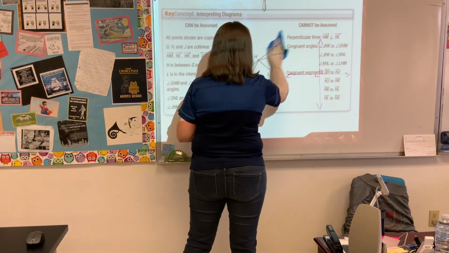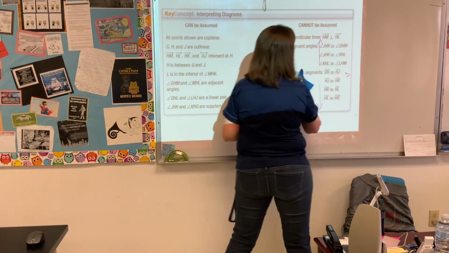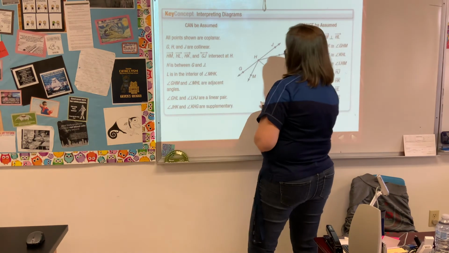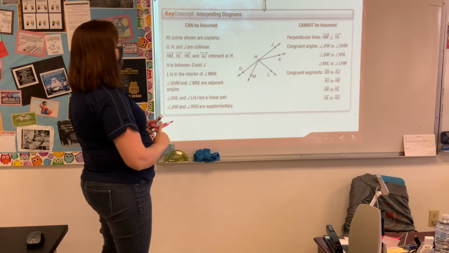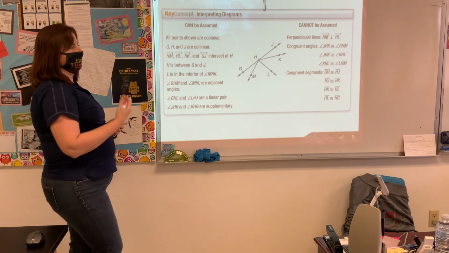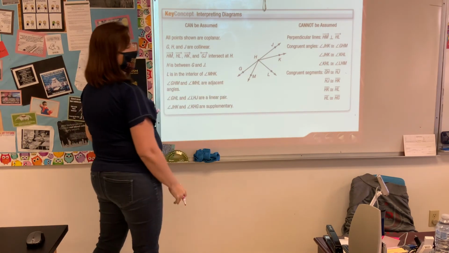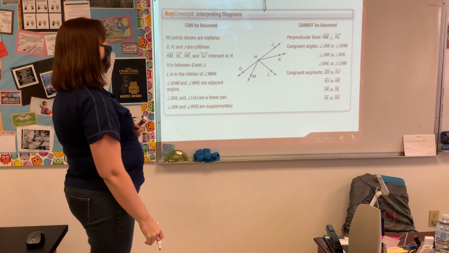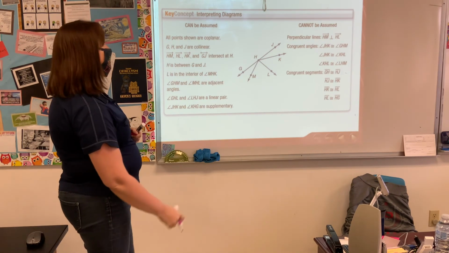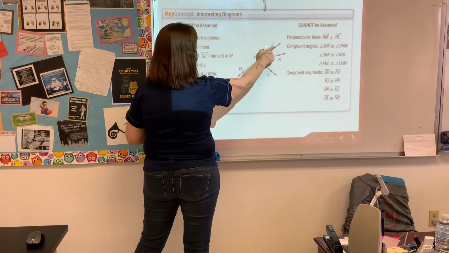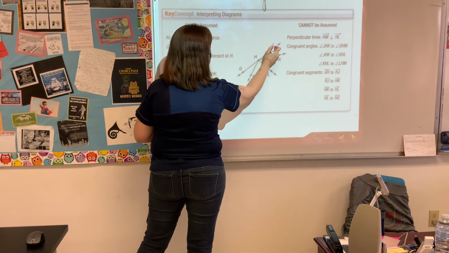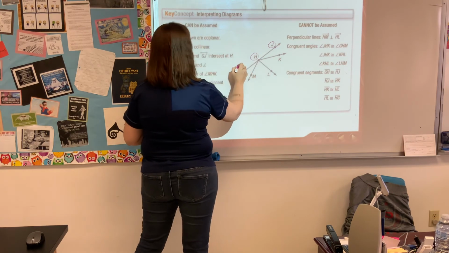Okay, now it's important to know what you can assume when you have a particular diagram. It can be assumed that all points in this particular diagram are coplanar. They're all lying along the same plane. It can also be assumed that G, H, and J, all three, are collinear.